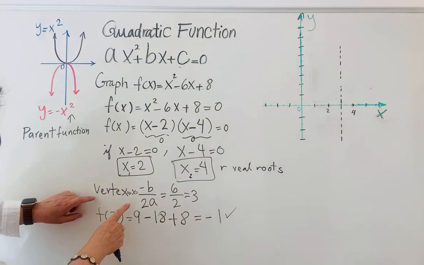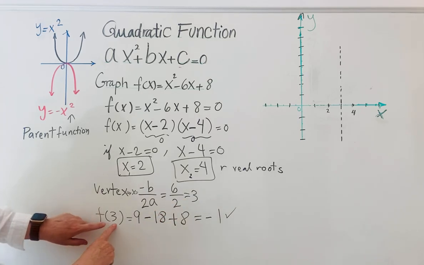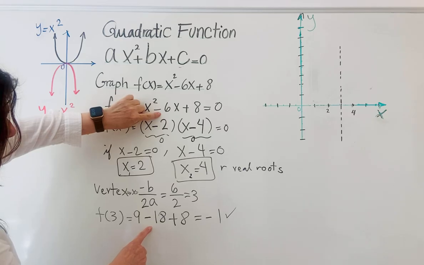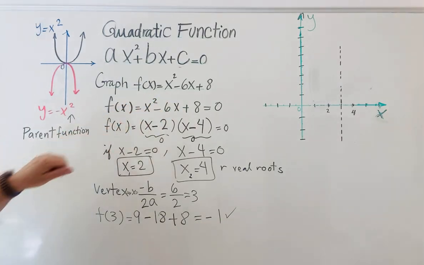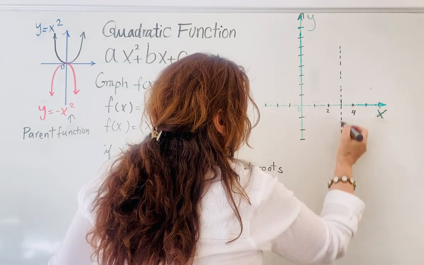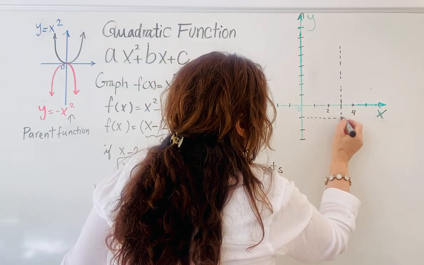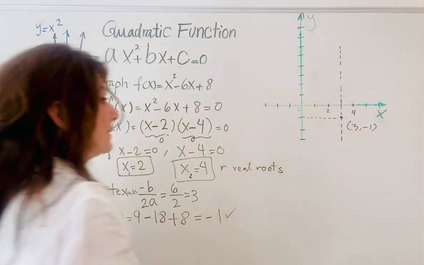Okay, the vertex x is 3, but if we have 3 on x, f of 3 gets 3 squared is 9, minus 6 times 3 gets negative 18, plus 8 gets negative 1. Okay, we have the vertex on this one. This is the axis and negative 1. At 3, negative 1, we have the vertex here.